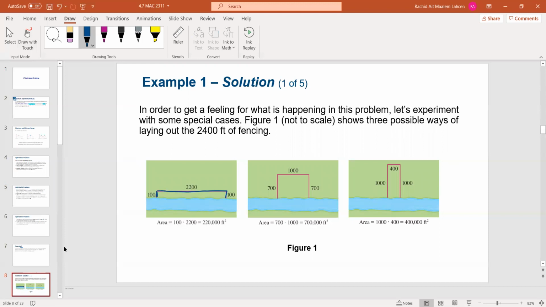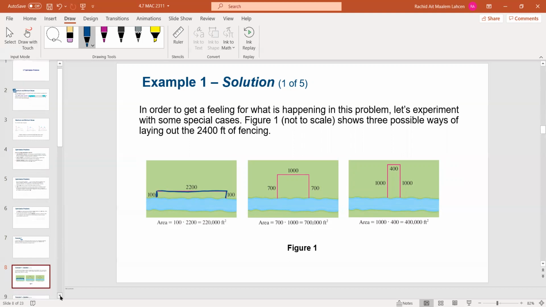So you see, there are multiple ways of doing this, and each time the area, if you calculate it, is about 700,000, 400,000, 220,000. So which one really gives the maximum? We don't know, so that's what we're going to investigate.